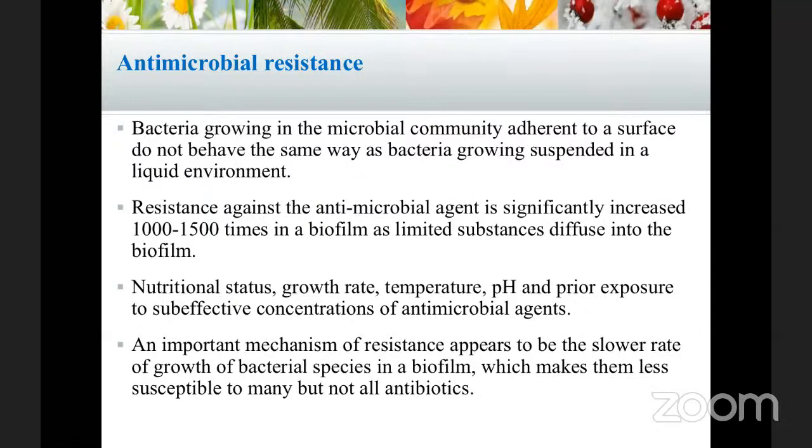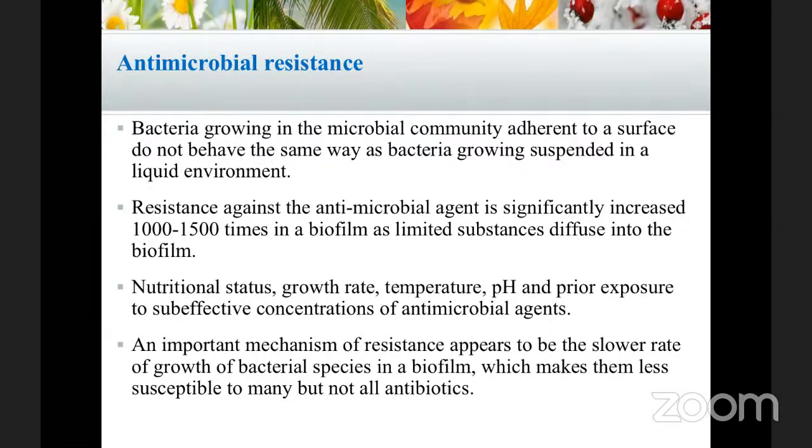Just imagine a bacterium living alone versus living in a microbial colony in a biofilm: it is 1,000 to 1,500 times more resistant to antimicrobial substances. So this is the characteristic of a biofilm. This provides resistance against antimicrobial agents.